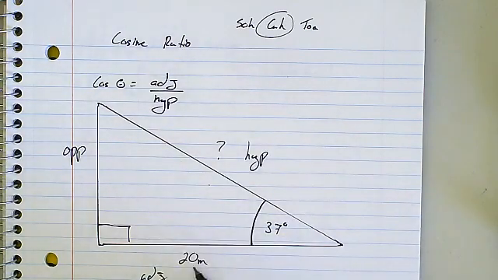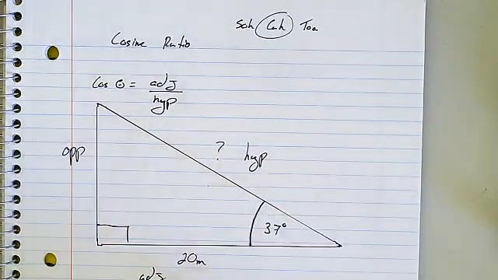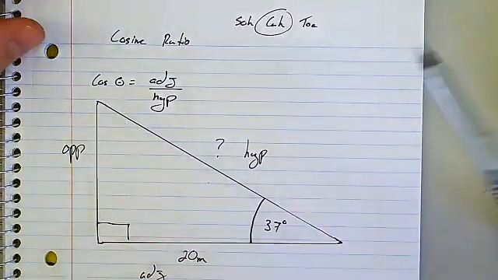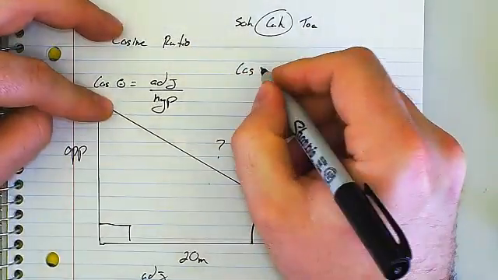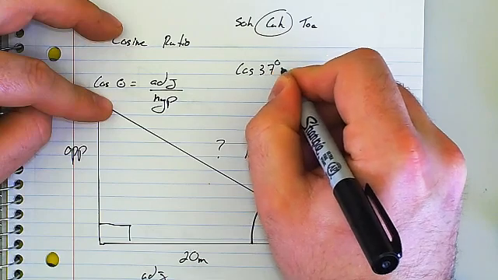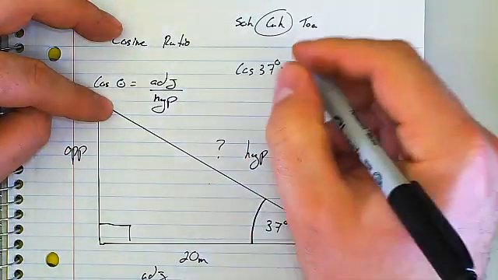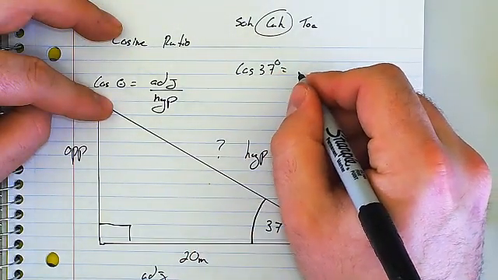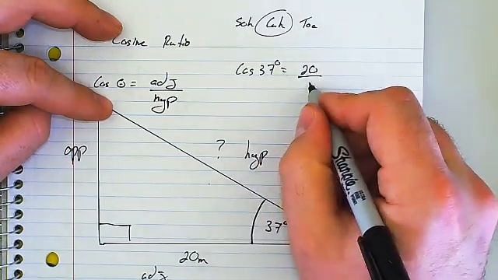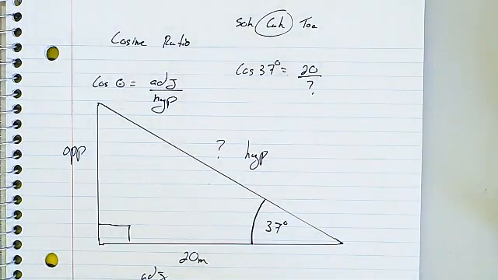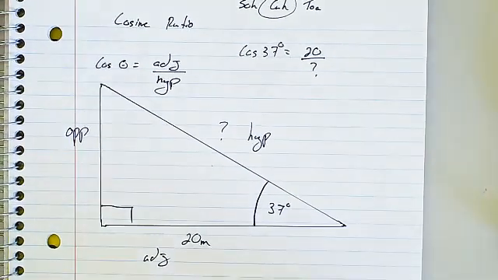So we're going to pick our right formula. In this case, we know it's going to be cos because we're looking for the hypotenuse and we know the adjacent. So we fill in our formula. Cos theta, in our case, is going to be cos 37 equals our adjacent, which is 20, divided by our unknown.